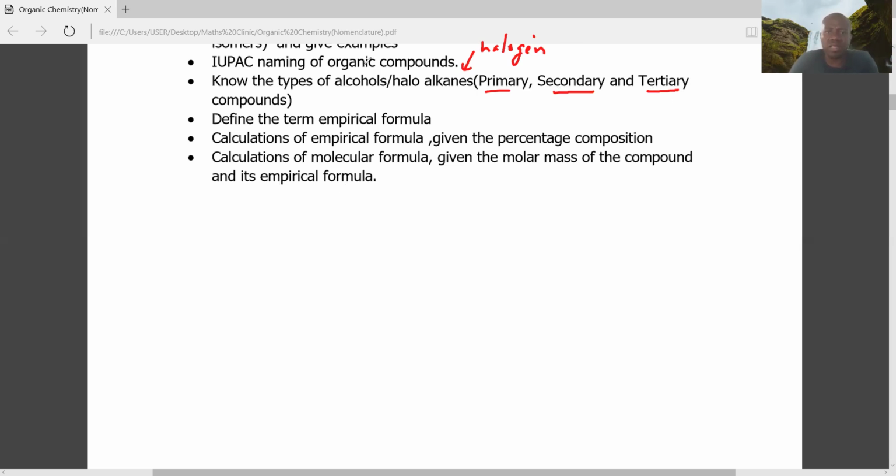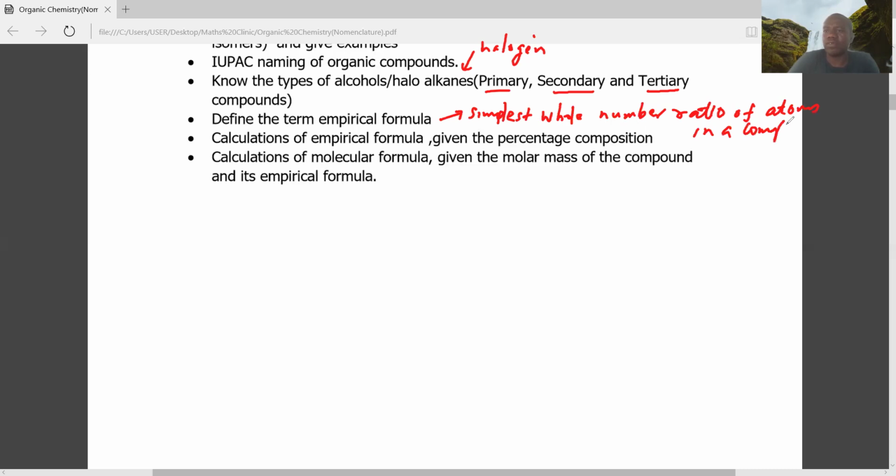Then before we talk about the IUPAC naming, guys, I want us to remind ourselves of the empirical formula. Remember, the empirical formula is the simplest whole number ratio of atoms in a compound.